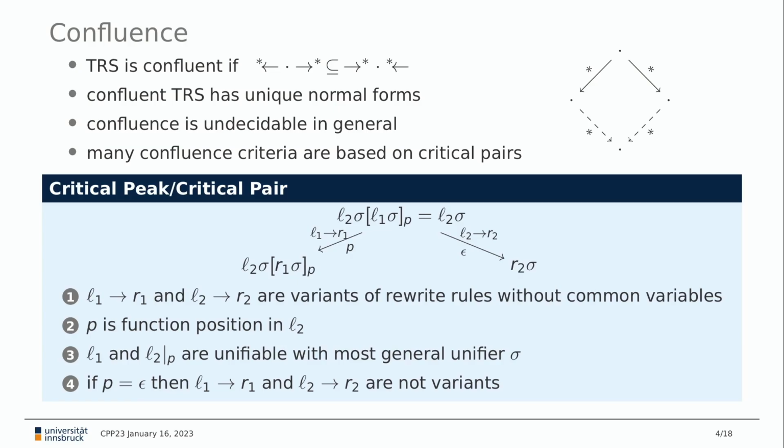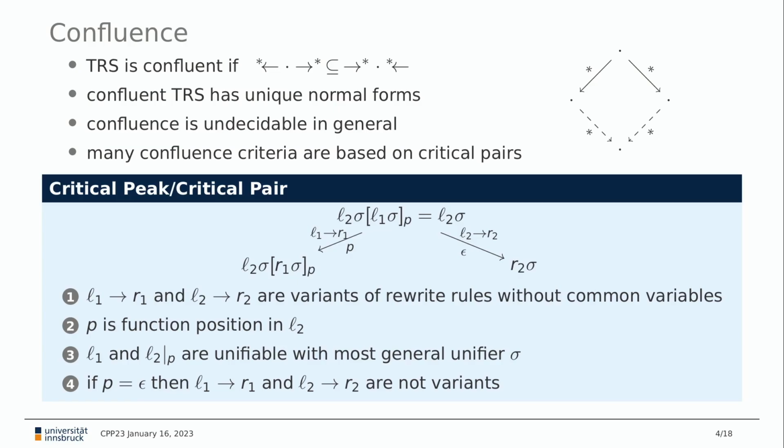It looks a bit complicated, but that doesn't really matter for now, I think. The idea behind this is that we have two rules which have an overlap. So we look at the left-hand sides of our rules, and if there are function symbols that appear in both of these rules, then there's sometimes an overlap, and we have a term which can be rewritten in two different ways, either using one of the rules or the other one.